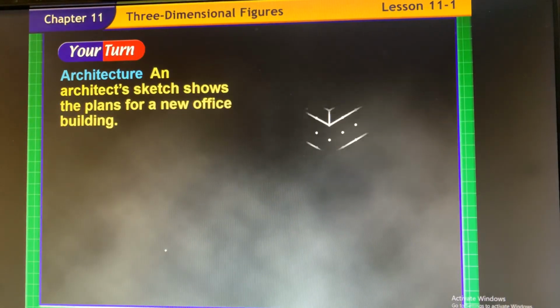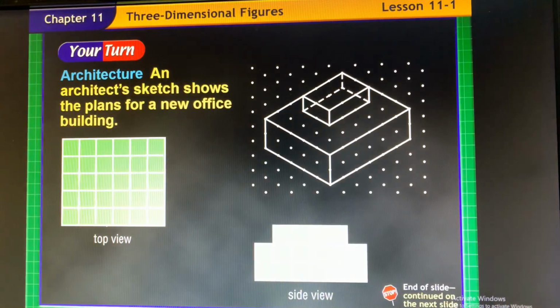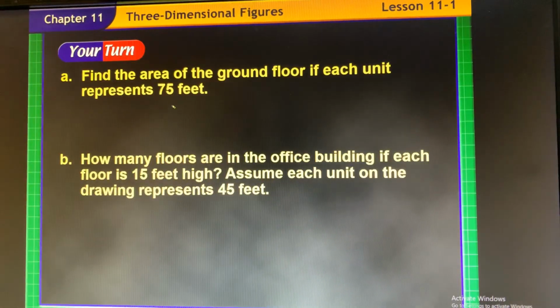So we're going to do it again. Same picture. So again, it's a 6 by 5 and it's 3 floors high. This time it's going to say each unit represents 75 feet. So that's when you're going to do 6 times 75 and then 5 times 75. Once you get those, you're going to multiply those together and get your answer.